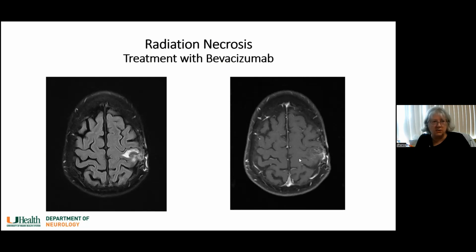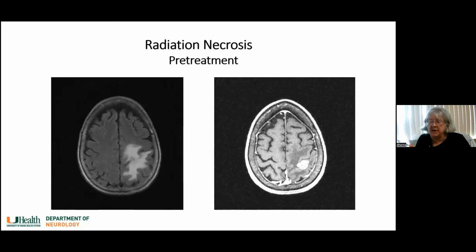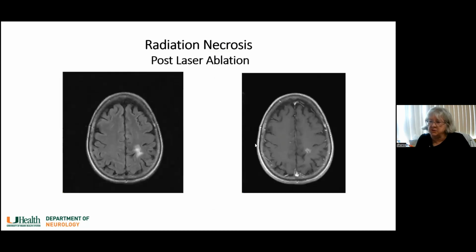Usually it's used in a limited course for about 4 to 8 months, at half of the dose that we use when we use it for chemotherapy, and again, can be very effective in treating radiation necrosis. This is another case of non-small cell lung cancer, again, same location, but this patient was treated with laser ablation, a very good response following laser ablation.